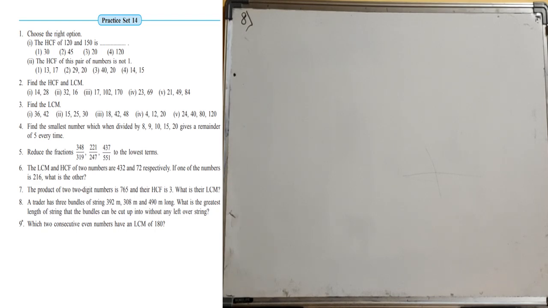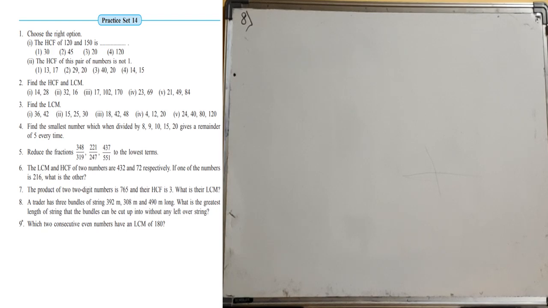Now we have to find the greatest length of the string that the bundles can be cut up into without any leftover strings. So for example, if we take the first bundle of string, it is 392 meters. Now we have to divide that 392 meters into equal parts.